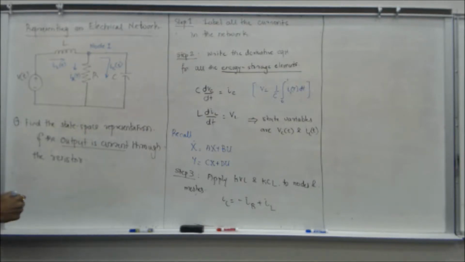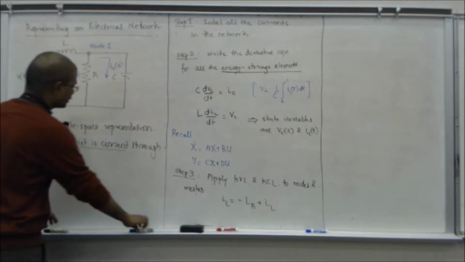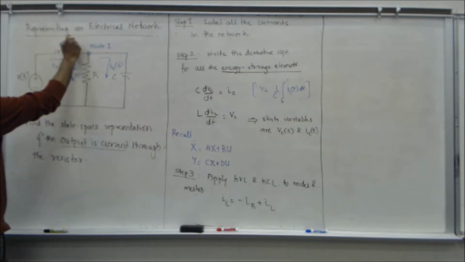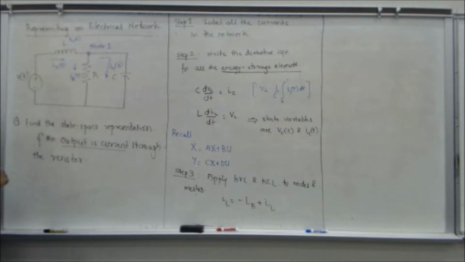So let's say this is VL, right? The voltage at this point is VL of T. If you apply Kirchhoff's voltage law to this mesh, what are you going to get?